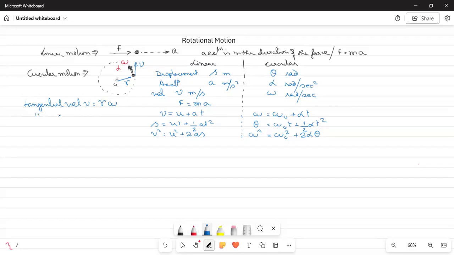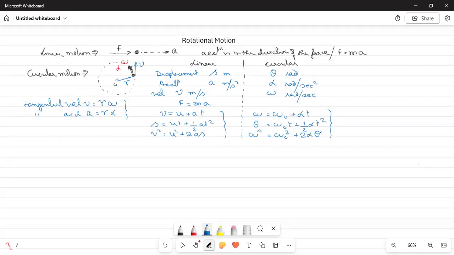Also, tangential acceleration, not alpha, tangential acceleration is a. Tangential acceleration a is equal to r alpha. These are the primary equations.